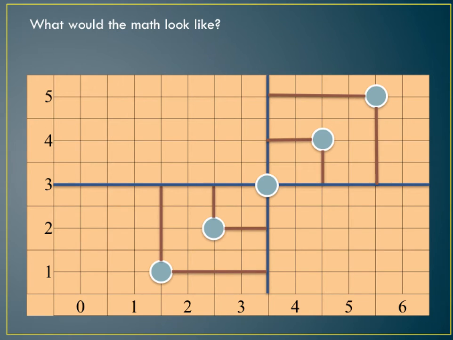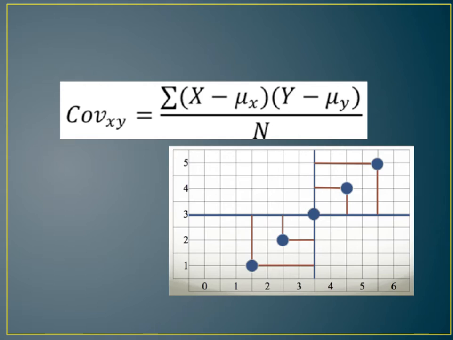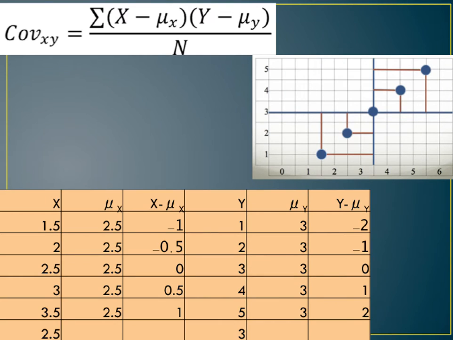So the question here is, what would the math look like? Well, let's take a look at covariance. We can see that as there are changes in x, what's going on with the changes in y? Well, here it's up 2 over 2, up 4 over 4, down 2, down 2, down 4, down 4. So they're going proportionately along at the same pace.